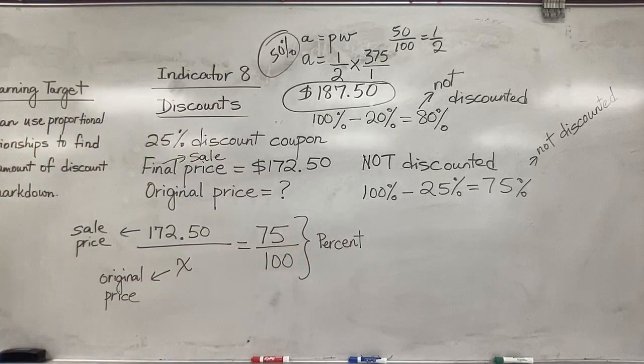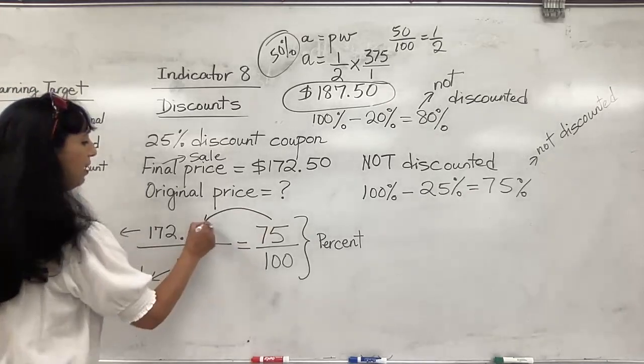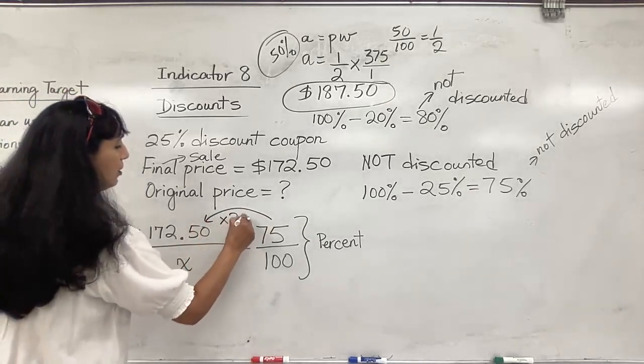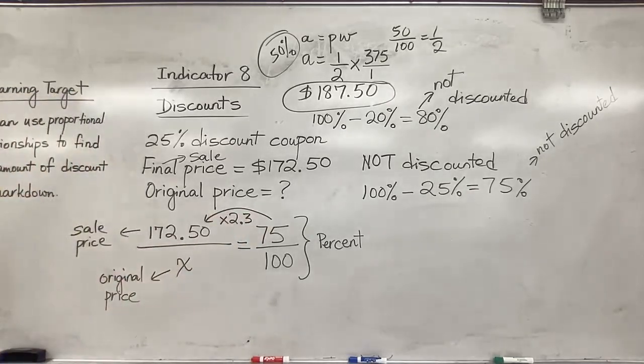Now either you can use ratio reasoning, and I can divide 172.50 by 75, and I'll get 2 and 3/10. And so I know that 75 times 2 and 3/10 is going to give me $172.50.